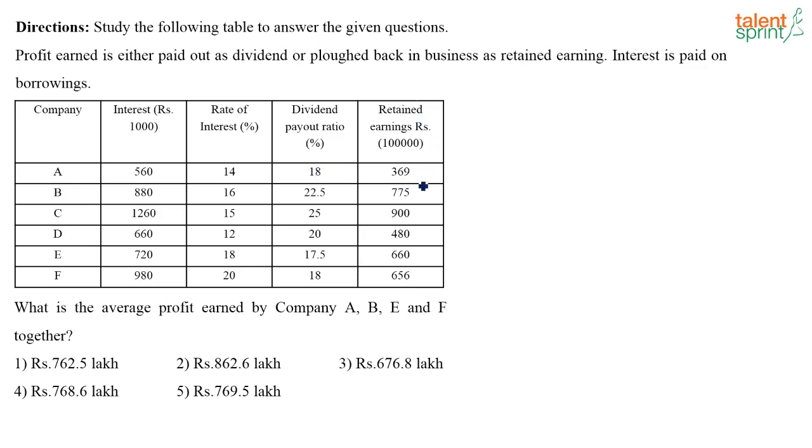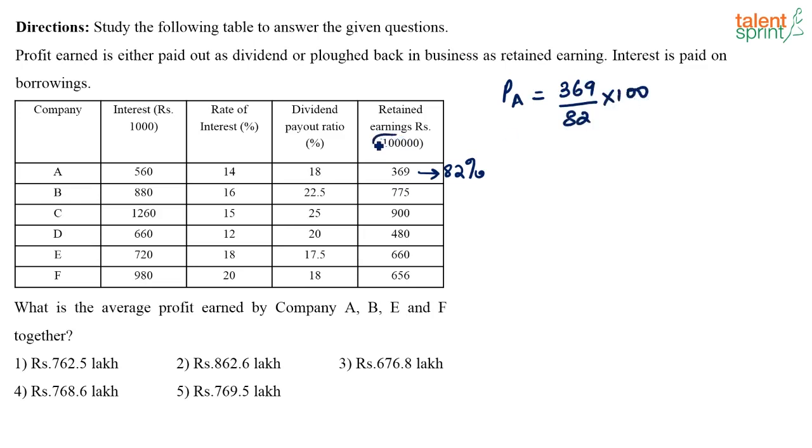So the retained earning accounts to 82% of the profit. So what is the profit of company A? 82% of the profit of company A is nothing but 369 into 10 to the power 5, correct? So 100% of the profit of A is 369 divided by 82 into 100.